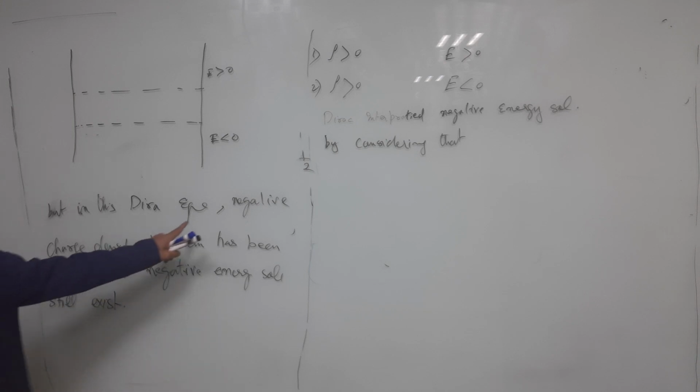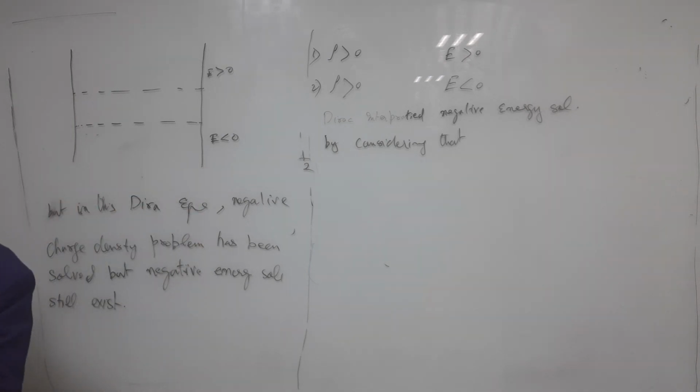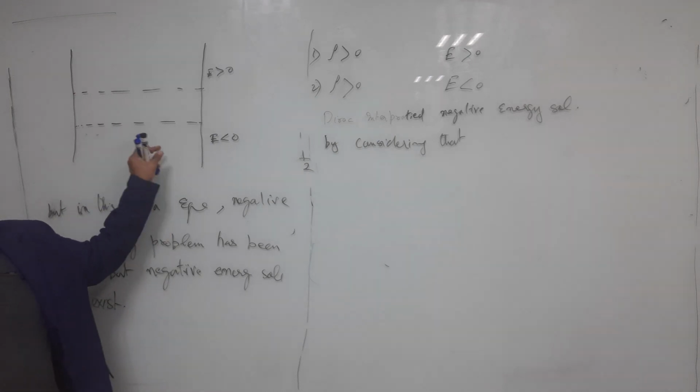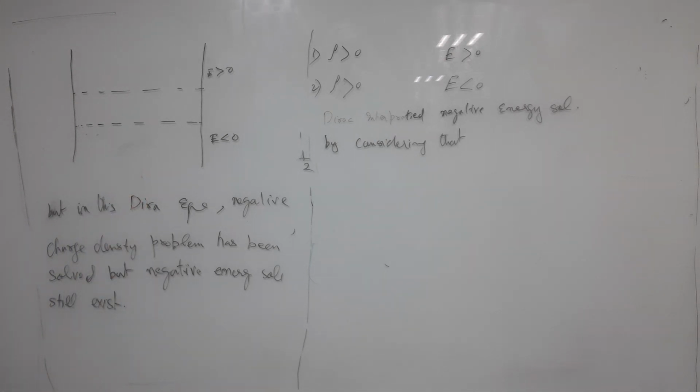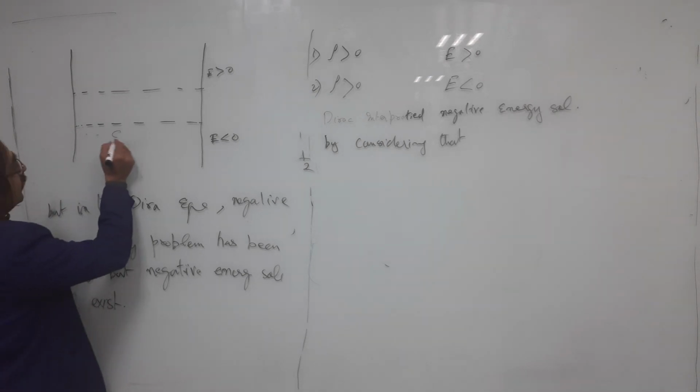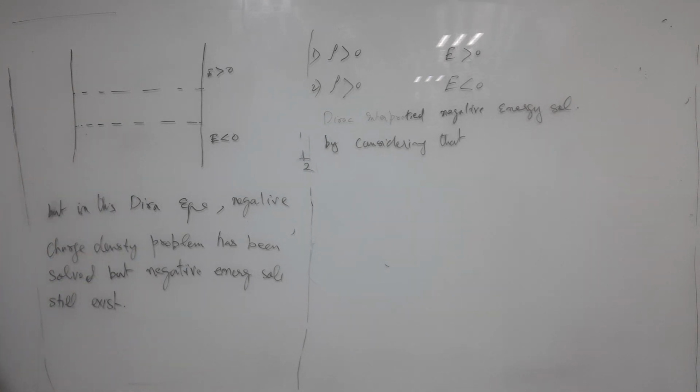And because Dirac's equation deals with spin-half particles, all this negative energy vacuum will be filled with electrons. But electron has a spin 1/2, so only 2 electrons will obey the Pauli exclusion principle.